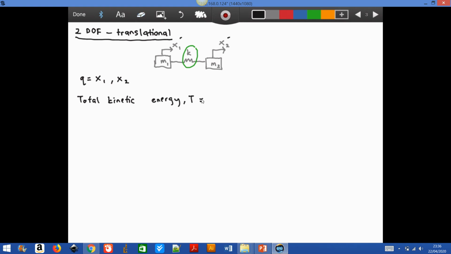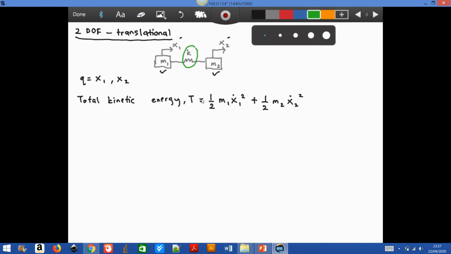T is equal to, because we've got two masses here, m1 and m2, half m1 x dot 1 squared plus half m2 x dot 2 squared. It's different from the previous total kinetic energy equation, because here we've got two masses, therefore it is half m1 x1 dot squared plus half m2 x2 dot squared.